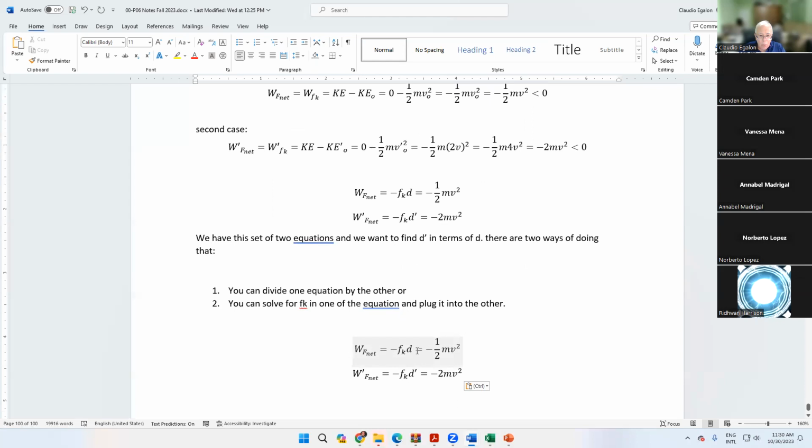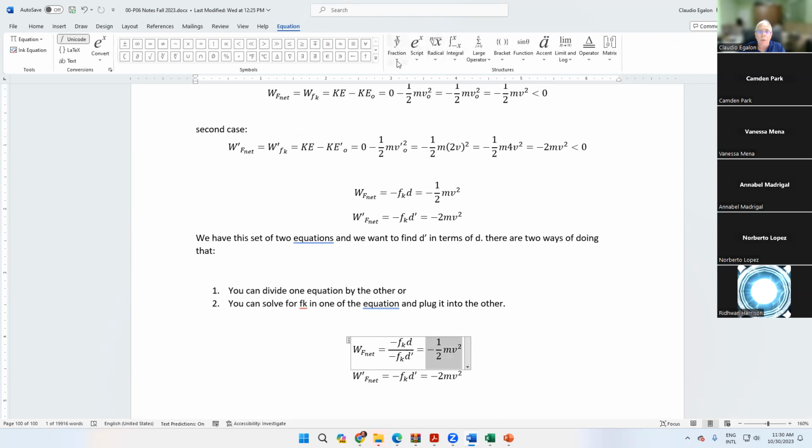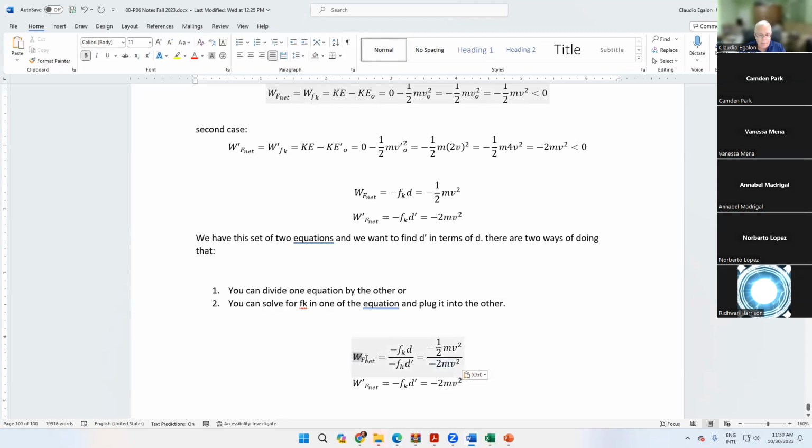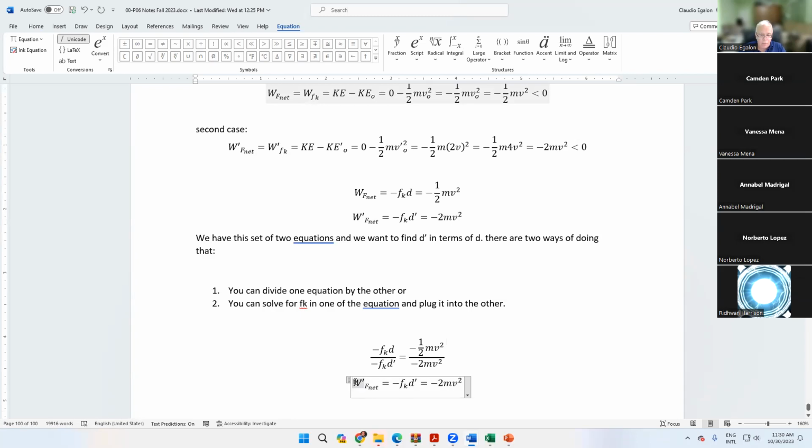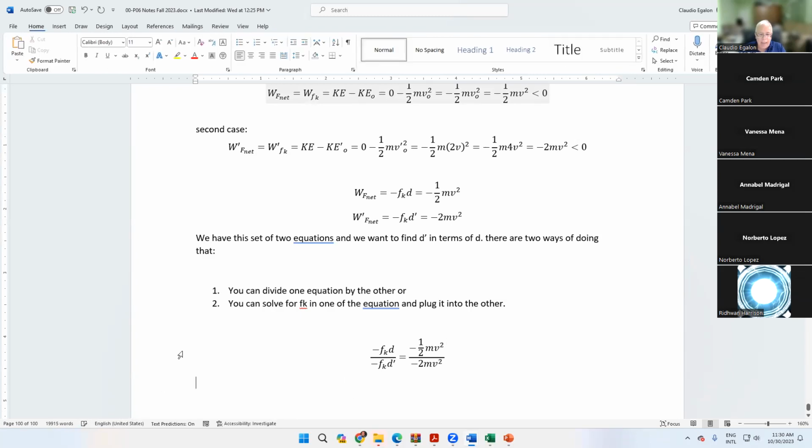So here you go. One way of doing that would be to divide one equation by the other. I don't need this one anymore, and I don't need that either.